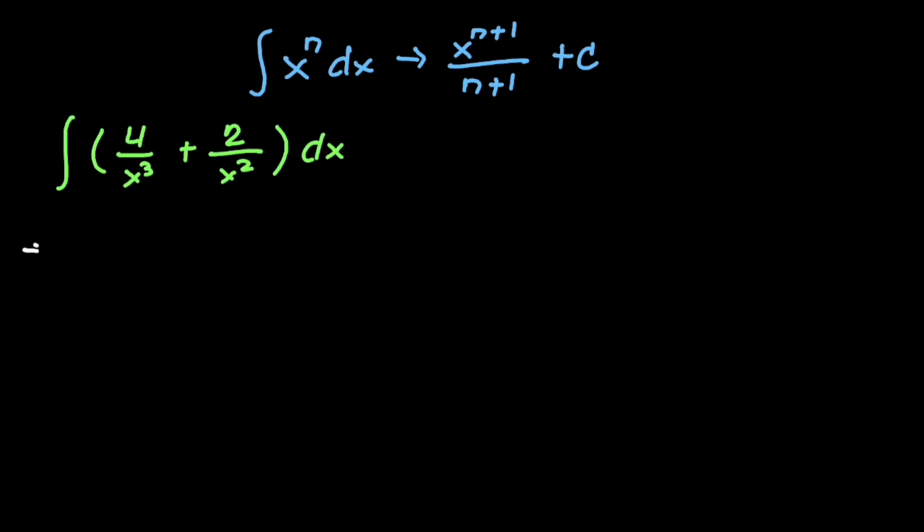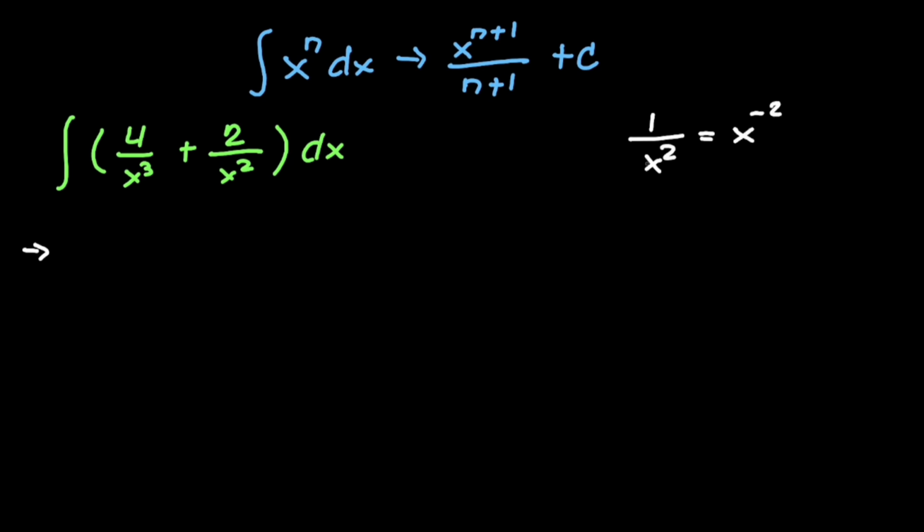Let's try this example. The integration of 4 over x cubed plus 2 over x squared, multiplied by dx. First, know that 1 over x squared is also equal to x raised to the power of negative 2.